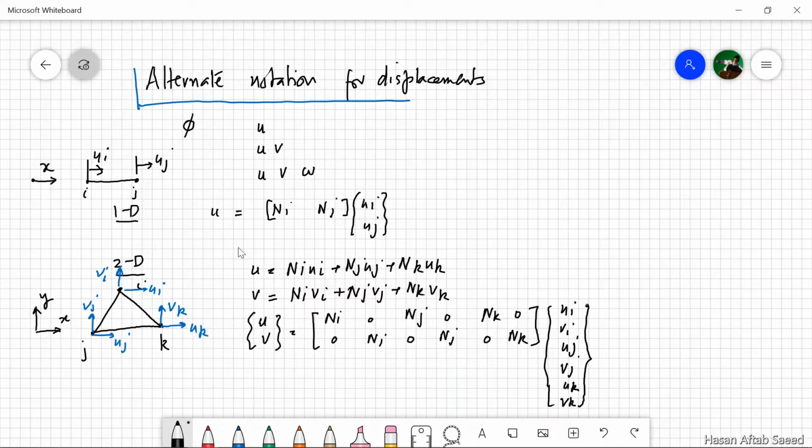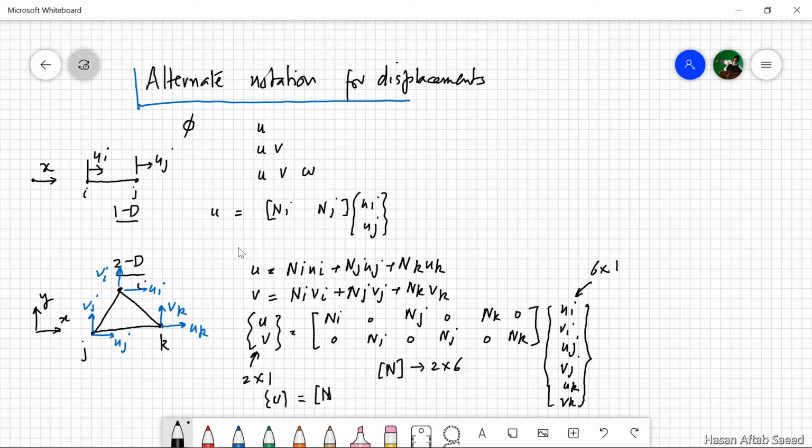Now here, this u is basically a vector because it has 2 components, and this vector is 2 into 1. Here the size of this vector is 6 into 1 because we have 6 components. So this n matrix is a matrix of size 2 into 6. And we can call this u, the general displacement vector at any point.